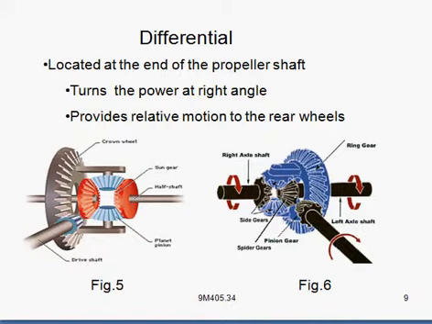That means it turns the power coming from the engine at right angles so that the wheels will rotate, and it also provides the relative motion between the rear wheels. While negotiating a curve, the inner wheels must move with slower speed and the outer wheels with higher speed. This function is achieved by using the differential.